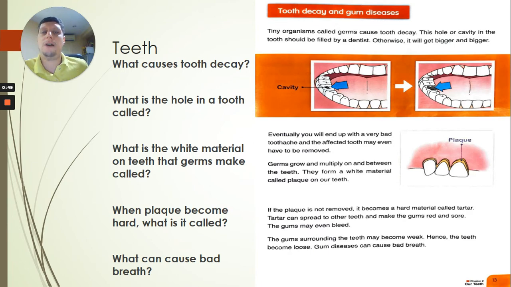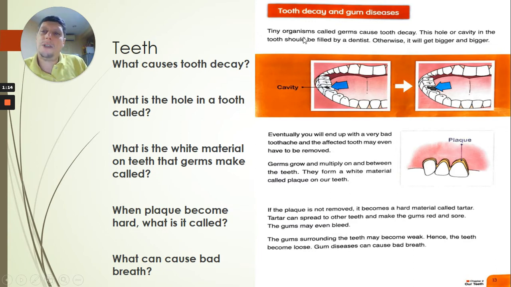Okay? So, if everyone can open up on page 13, and I will start reading. I want you to follow me with your reading fingers while I am reading. Okay, ready? Let's go.